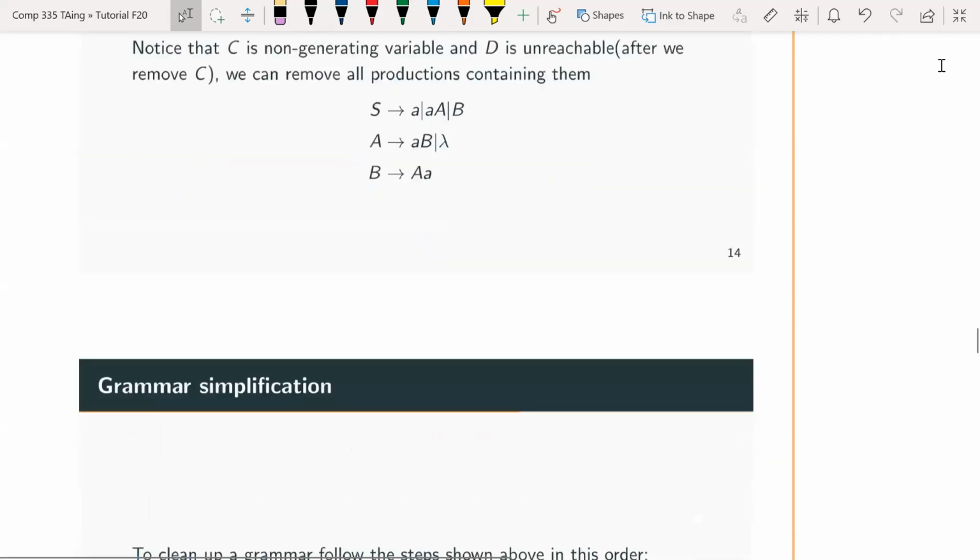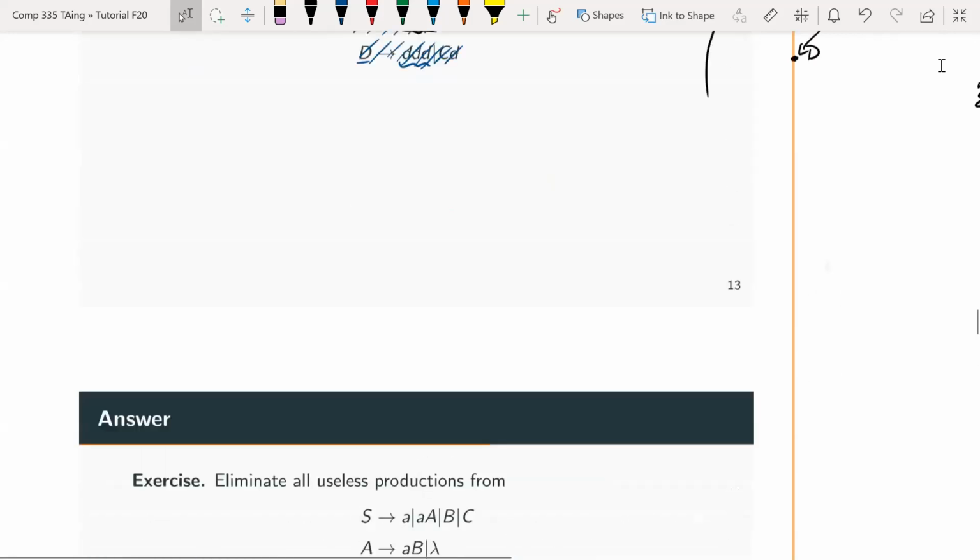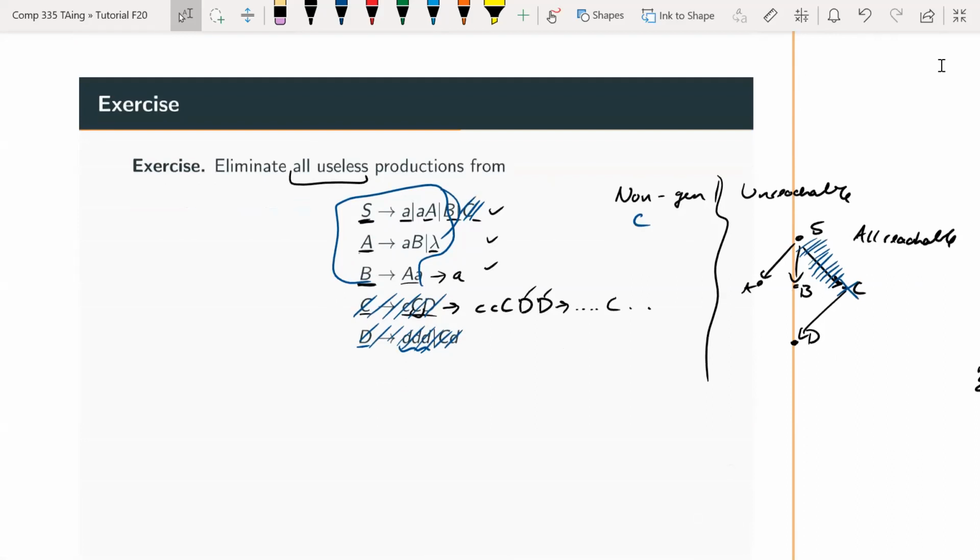Yes. So when we said that C was non-generating and then therefore D was non-reachable, is it okay to say that for every production, if we find a production, let's say C, that we said was non-generating, then any production that has C is also going to be either non-generating or unreachable, right?